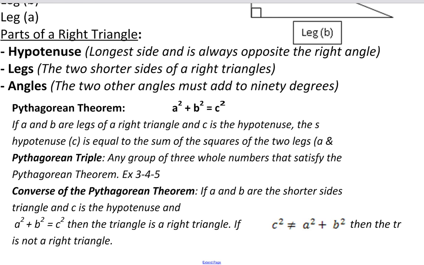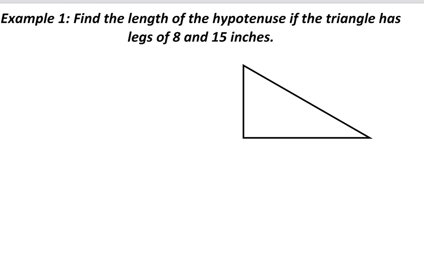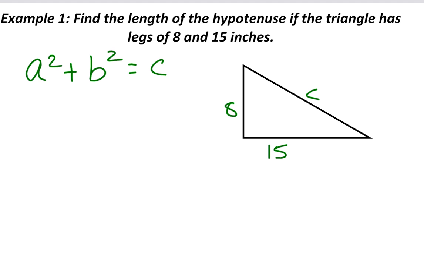So looking at example 1, find the length of the hypotenuse. The triangle has legs of 8 and 15. We're looking for c. So I take a squared plus b squared equals c squared. This is the Pythagorean theorem. In this particular problem, 8 is a, 15 is b, and we're looking for c.